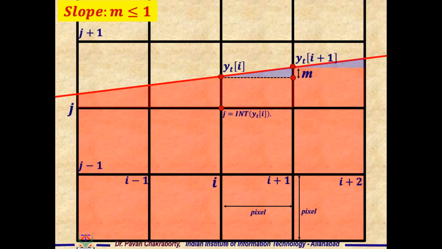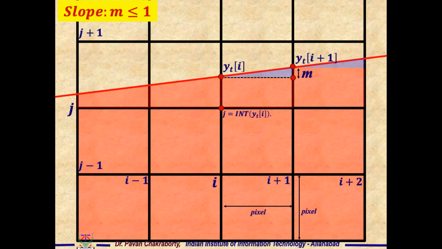As we have seen, for lines with m less than 1, while studying the DDA algorithm, if you advance by 1 pixel, the y-axis advances by the slope, that is m.